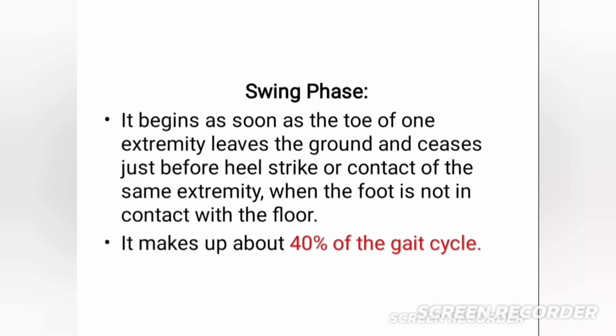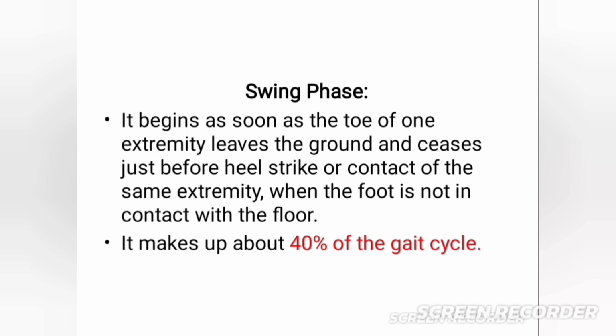The swing phase begins as soon as the toe of one extremity leaves the ground and ends just before the heel strike or contact of the same extremity, when the foot is not in contact with the floor. So when your foot leaves the ground and is not in contact with it, that is called the swing phase, and it is about 40% of your gait cycle.